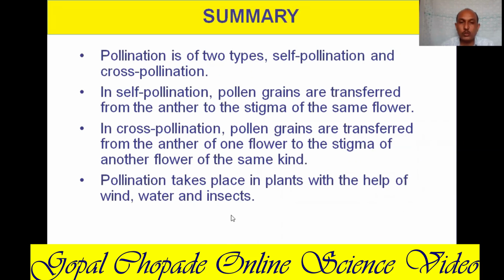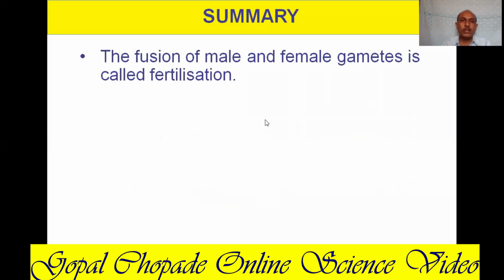Pollination takes place in plants with the help of wind, water and insects. Like seeds and fruits are dispersed by water and wind, in the same way the pollen grain is also transferred from one flower to another by wind, water and insects. The fusion of male and female gametes takes place after pollination, and that is referred to as fertilization.